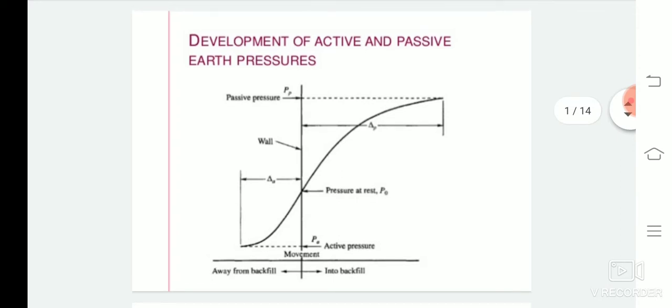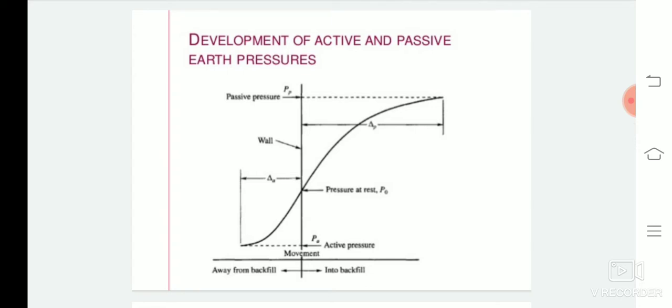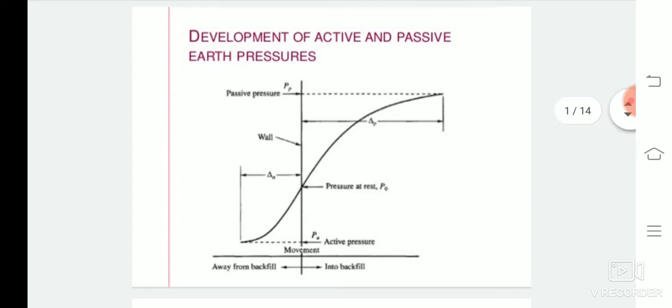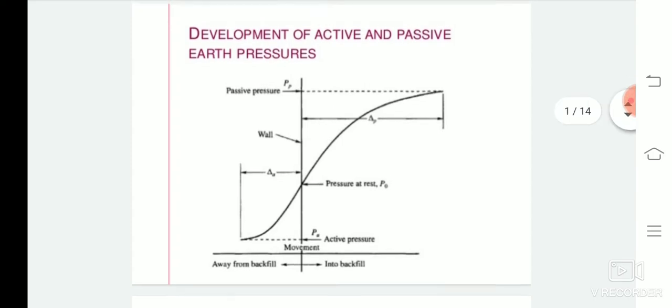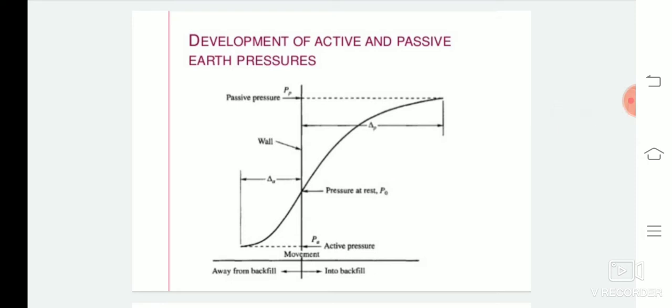If on the other hand the wall moves towards the backfill, the earth pressure increases because of the shearing resistance built up in directions towards the wall. The pressure reaches a maximum when the shearing resistance of the soil has been fully mobilized, so any further movement of the wall does not increase the pressure.